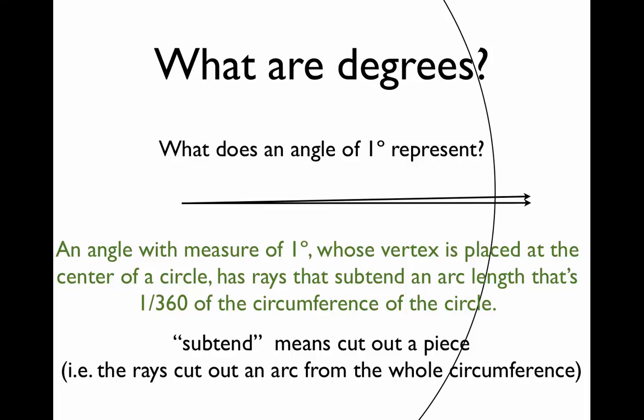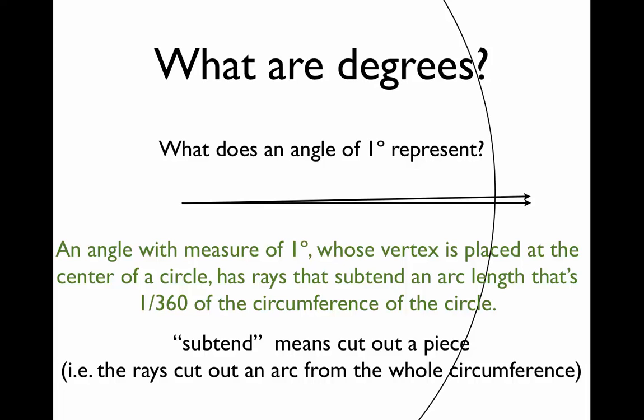Okay, Sean back here. What is a 10-degree angle? What does it mean if an angle has a measure of 10 degrees? So a 36th of the circle. Well, it has to do with a 36th of the circle. We want to be more precise about it. So what does it have to do with a 36th of the circle? Alex, what do you think? What's a 10-degree angle?